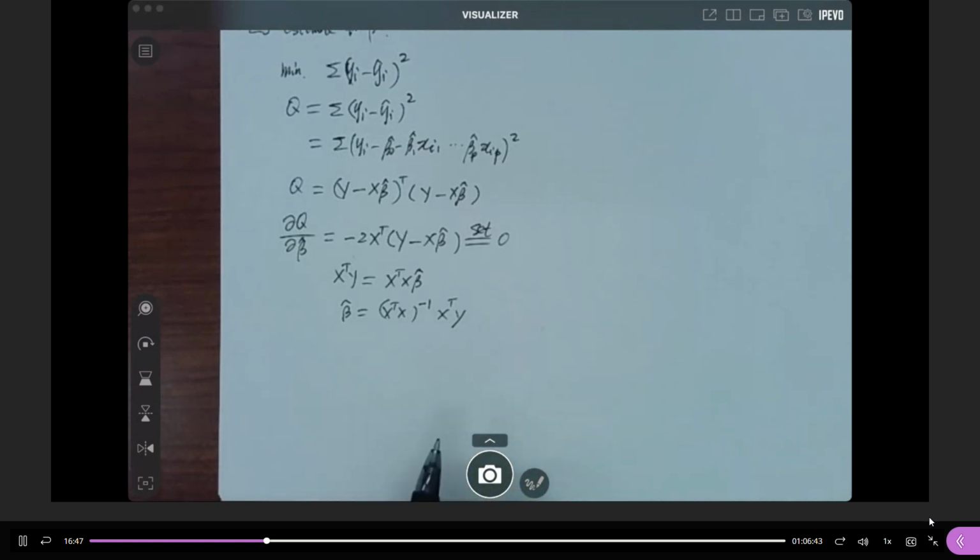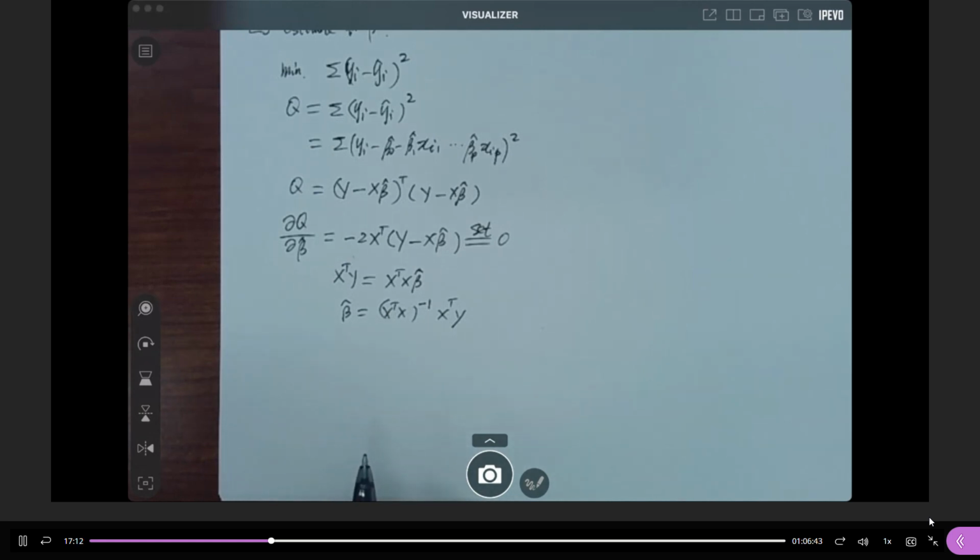Okay? And some people may wonder, what if it's not invertible? Right now, we don't assume any degradation on the rank. Assume it's full rank, so you can do inverse. If in the future you have collinearity between different columns of X, which is data, then doing the inverse of this matrix will be very bad.